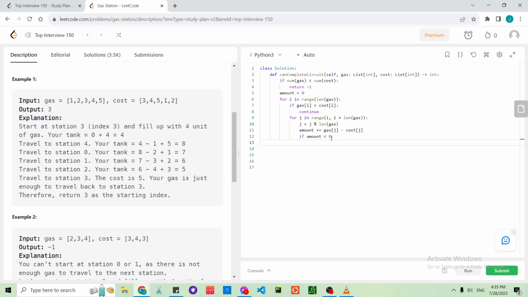Okay, so if amount is negative, that's when we know that this start index does not work, and we want to break out of this for loop. Is that what it, Python break for loop?